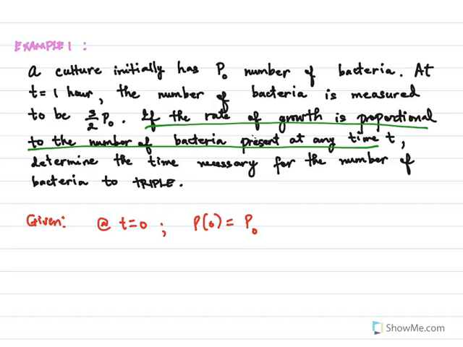Pero there will be cases naman na kagaya nito, it's not given specifically, but it can be represented as your P sub 0. And then at time equal to 1, so that's after 1 hour, the population will be represented by P of 1. Remember, P of t is the population at any given time t. So P of 1 is equal to 3/2 of the initial P naught.